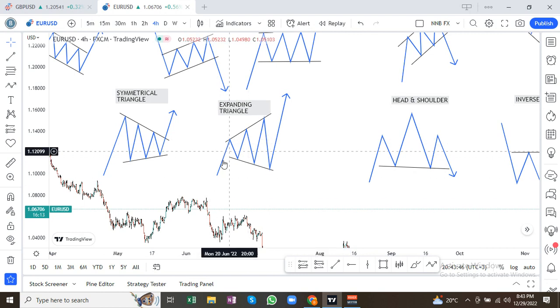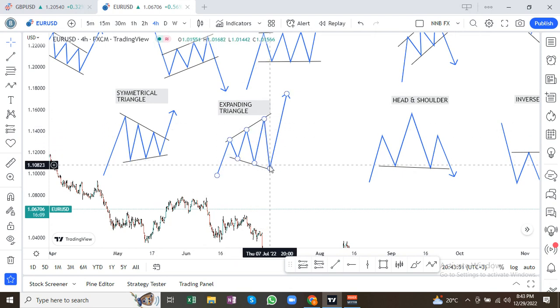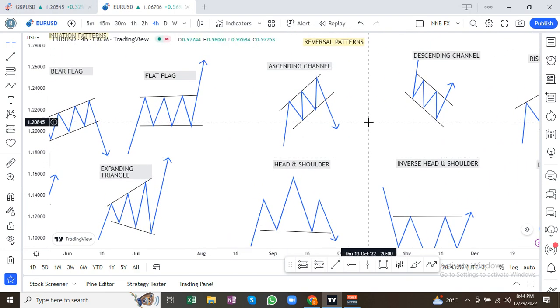It will impulse up and then expand, and on the last touch, it will signal to us that it's about to impulse back up, and then it will just impulse.